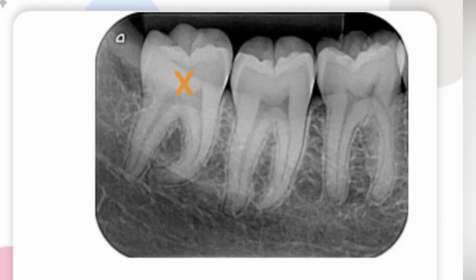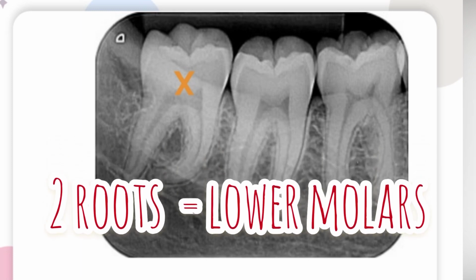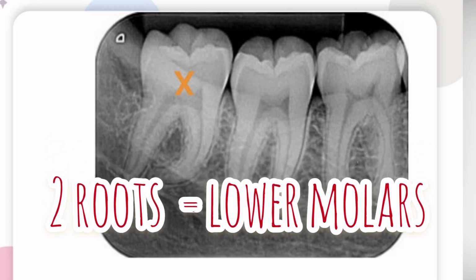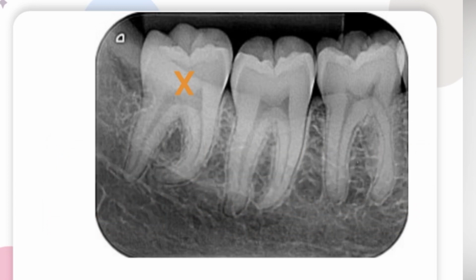Now you see that we're dealing with some pretty wide teeth. You guys, these are the 3 molars in the fourth quadrant. And you also know that they're mandibular molars because look at the roots. There are 2 roots, guys. And remember, 3 roots for molars are on the maxillary.